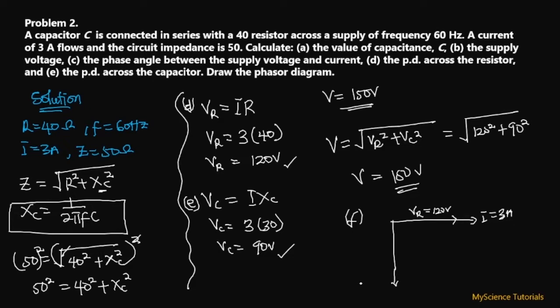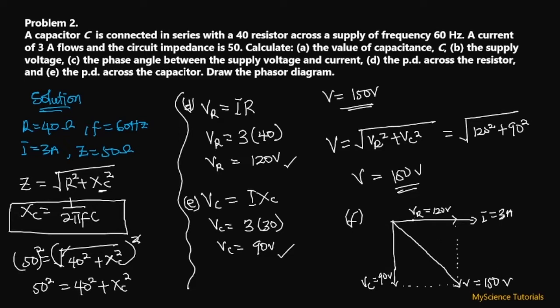We have our capacitive voltage, which is 90 volts also over here. Then we extend this a little down here to see where it will meet with this, and that will give us our resultant, which is our applied voltage, equal to 150 volts over there.